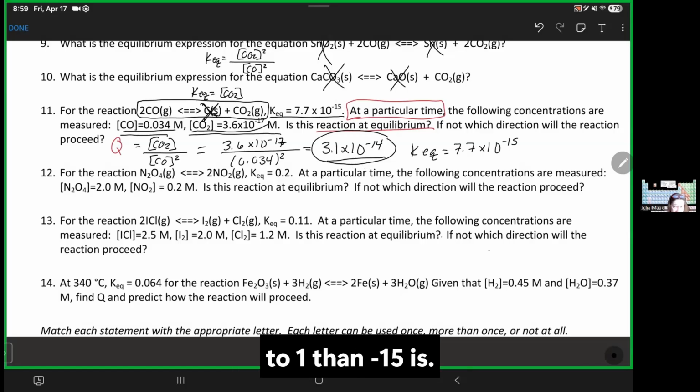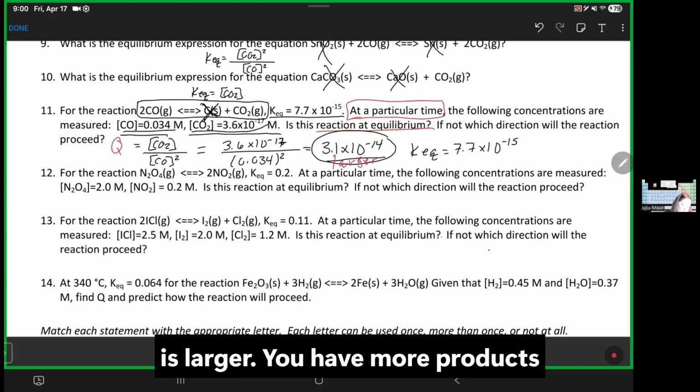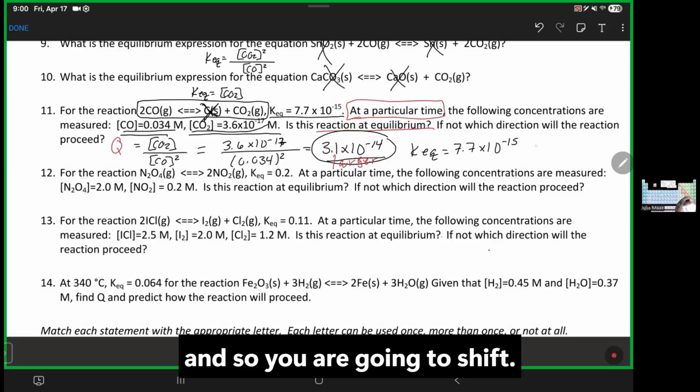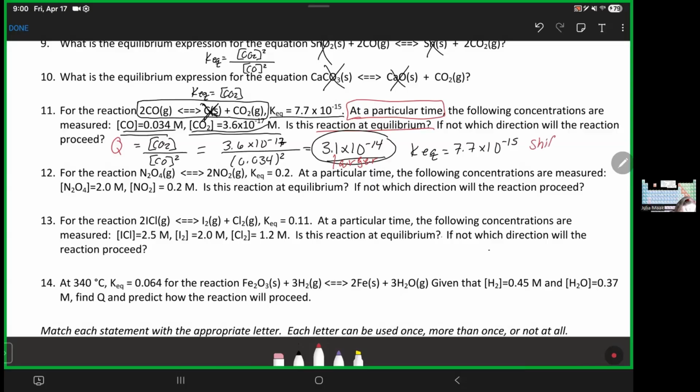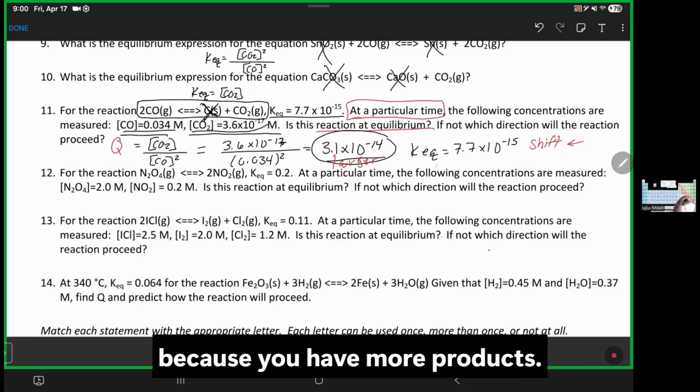And negative 14 is closer to 1 than negative 15 is. So this one is larger, so your Q is larger. So if your Q is larger, you have more products, and so you are going to shift to the left towards reactants because you have more products.